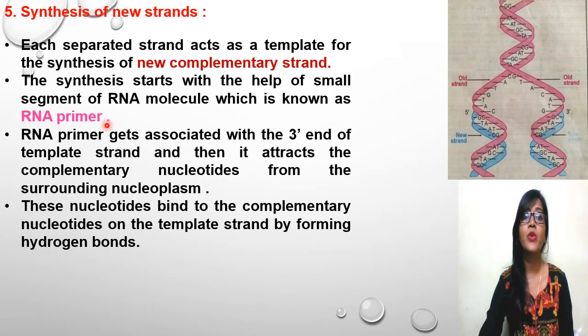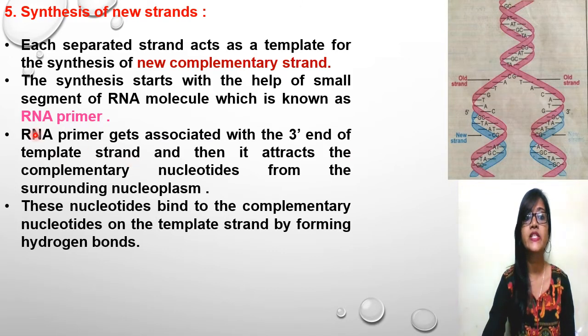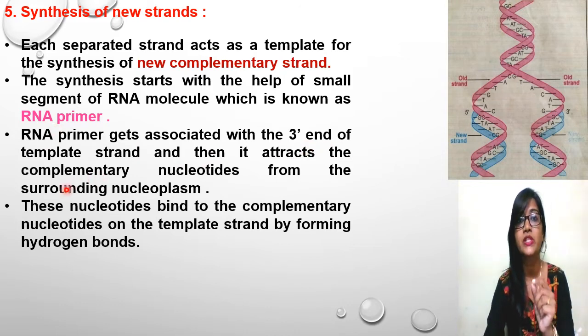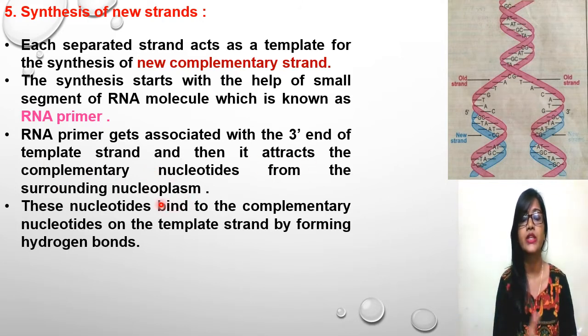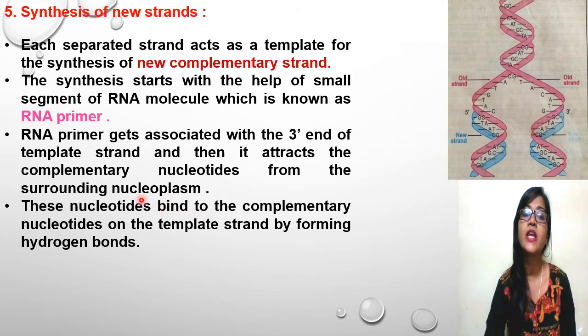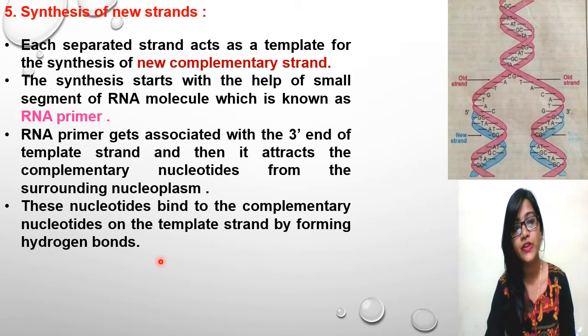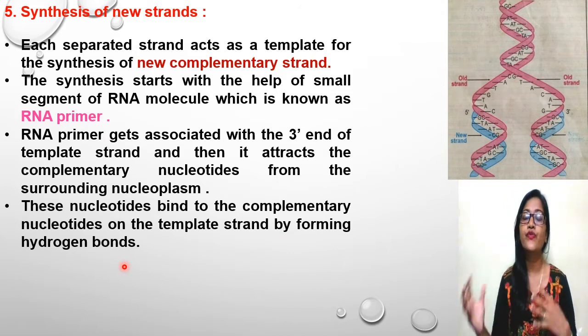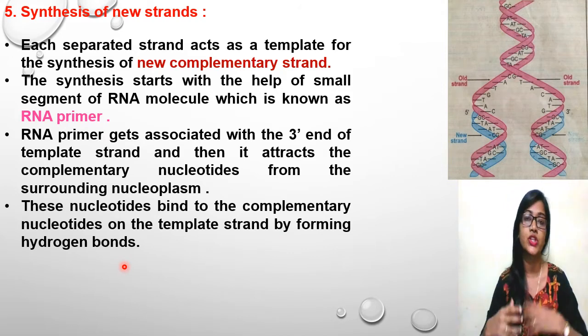So the RNA primer gets associated with the 3' end of the template strand, that means the old strand of the DNA. Then the complementary nucleotides get attracted to this RNA primer from the surrounding nucleoplasm. These nucleotides bind to the complementary nucleotides on the template strand by forming hydrogen bonds, and there is addition of activated nucleotides.